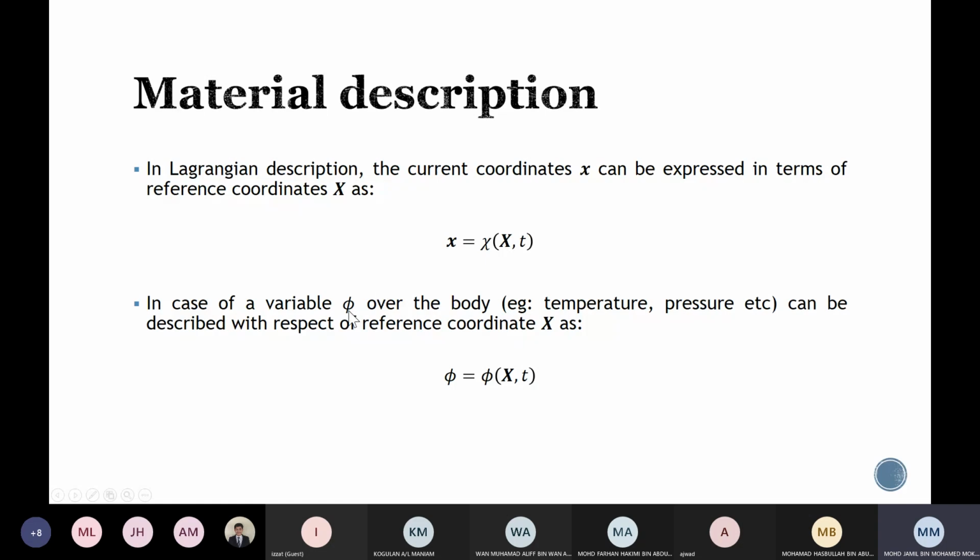So in case if you have a variable phi, let's say this variable measures the temperature or pressure of that particle. So this variable can be described with respect of reference configuration big X. Okay, so phi equals phi, just substitute big X and time t. Later on we will see more of this.